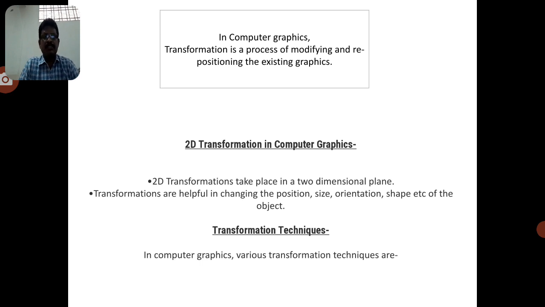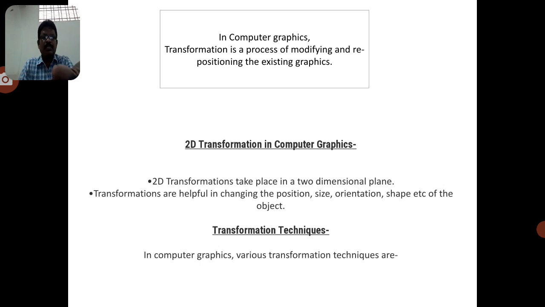So we can change the position of the object, change its orientation, and also change its shape. That means we apply some operations on that particular object to reposition or modify its content.